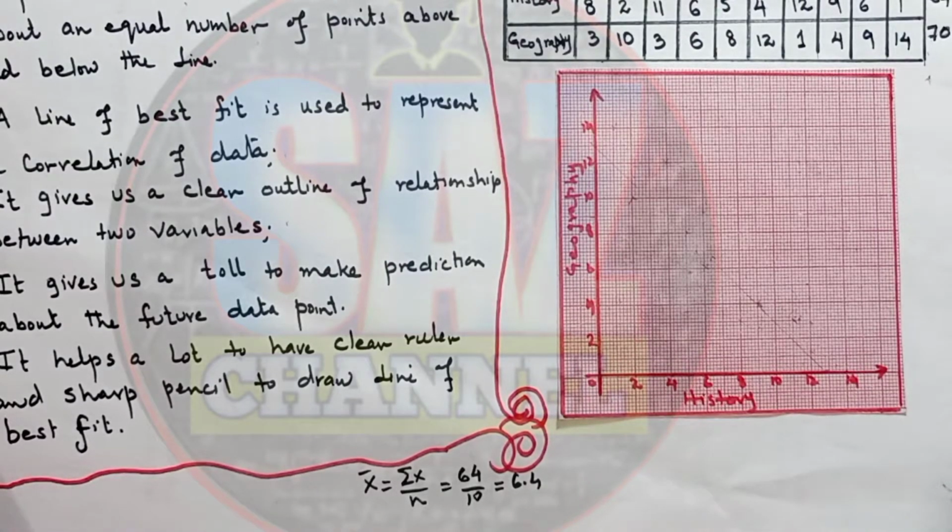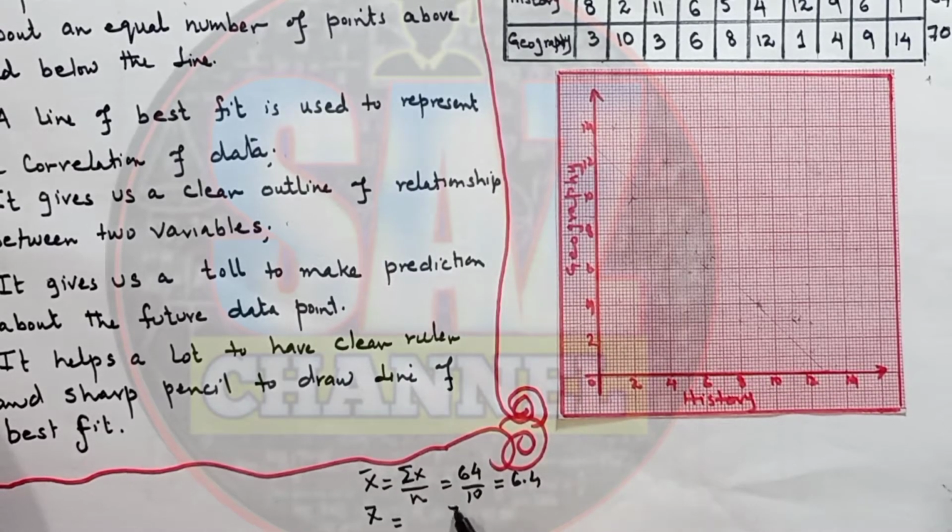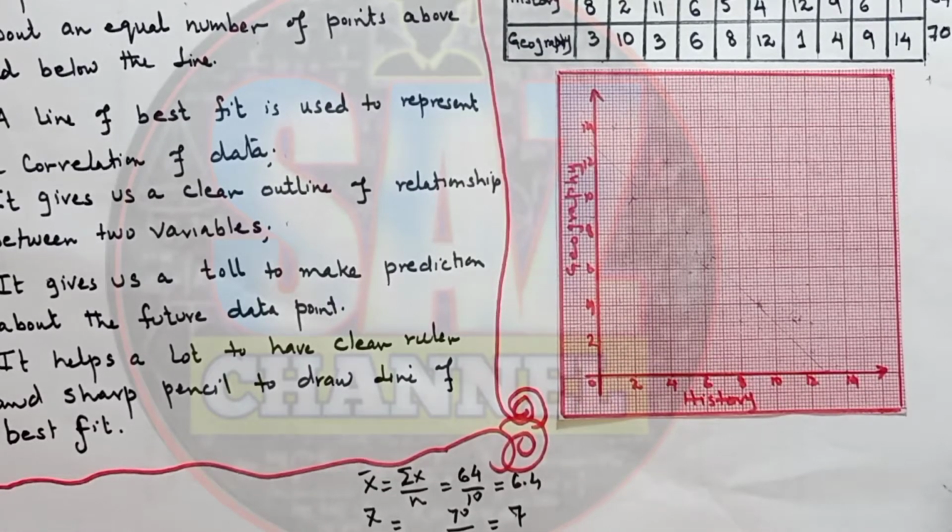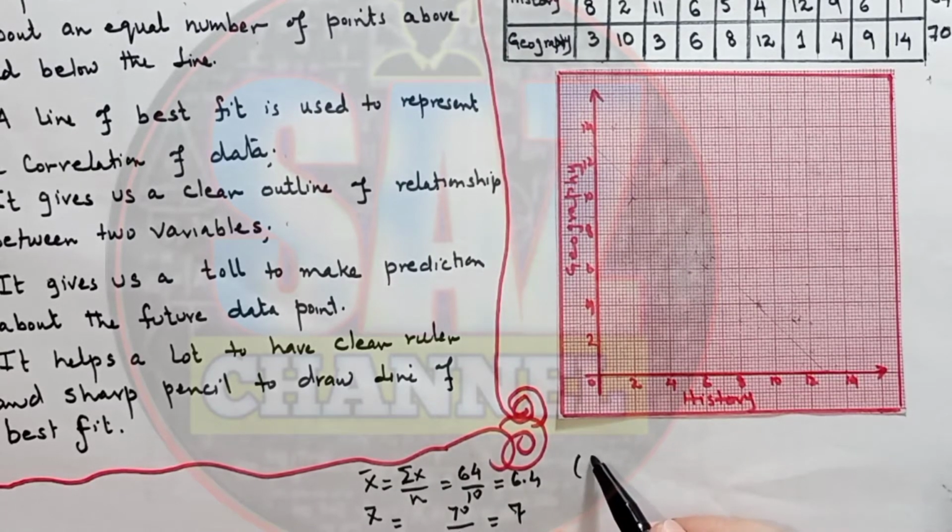When we divide 70 by 10 for geography, the mean is 7. Now the mean point is 6.4 and 7.